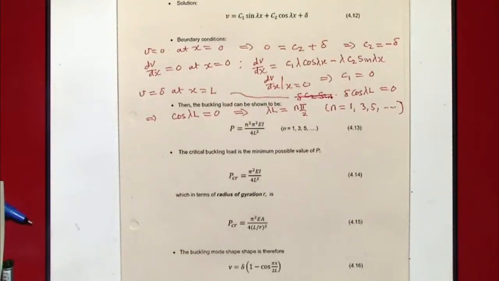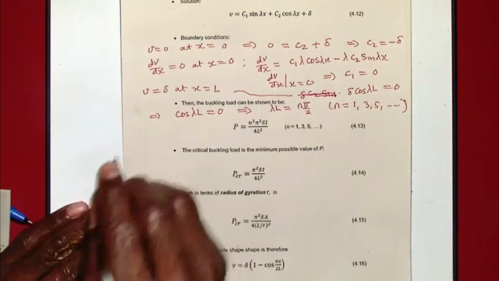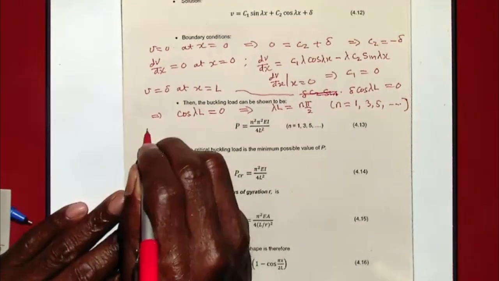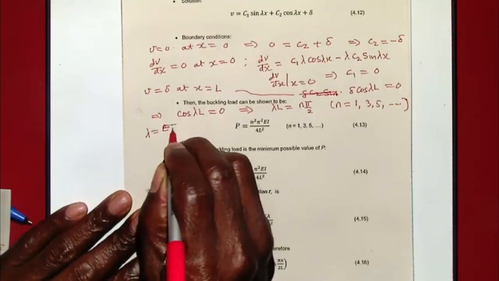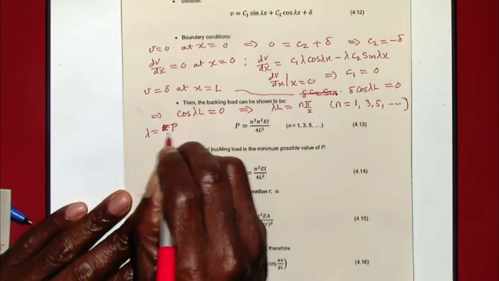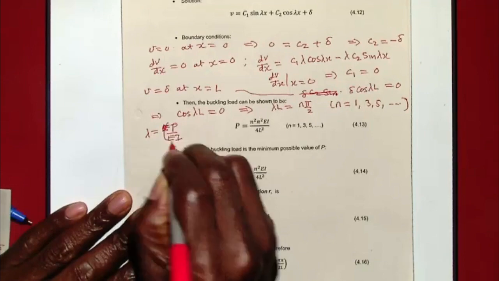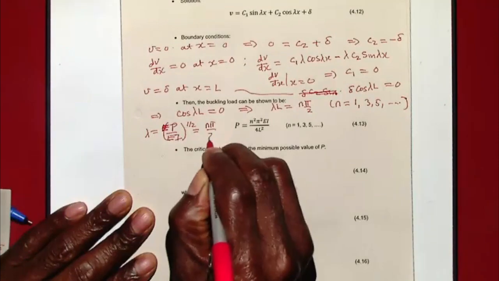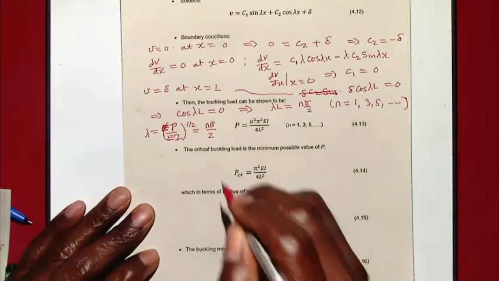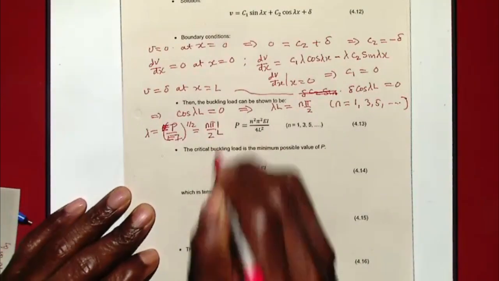Similar to the one that we've done before, we know lambda to be the square root of P over EI, and that allows us to find this. So lambda, which equals the square root of P over EI, equals n pi over 2L.